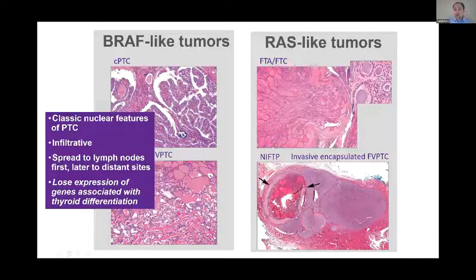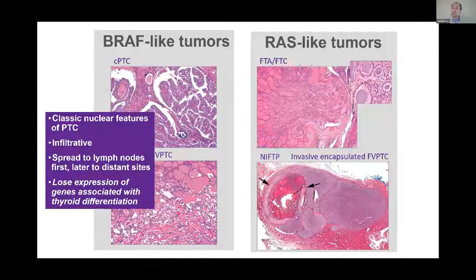RAS-like tumors are follicular adenomas to follicular carcinomas when invasive, NIFTP, and invasive encapsulated follicular variant PTC. This tumor probably developed initially as an encapsulated NIFTP, that you see broke through the capsule and invaded most of the lobe of the thyroid. But look how smooth the border of this tumor is. So these tumors do not show infiltrative growth.